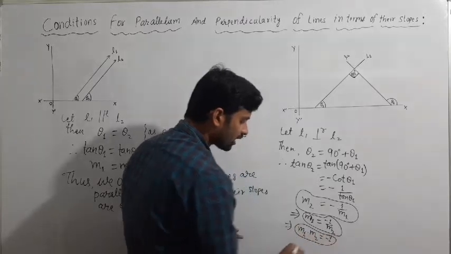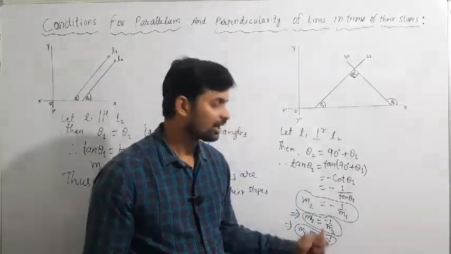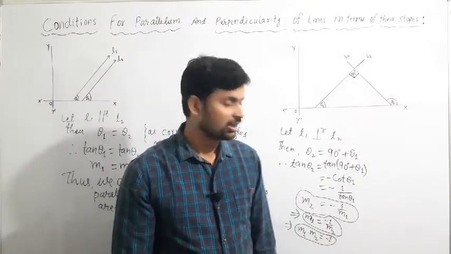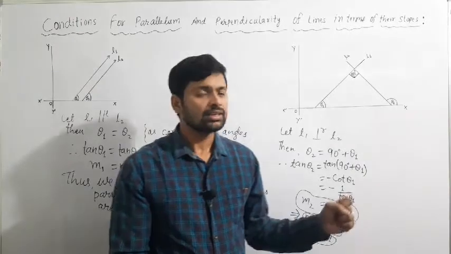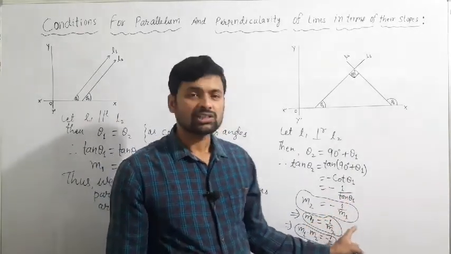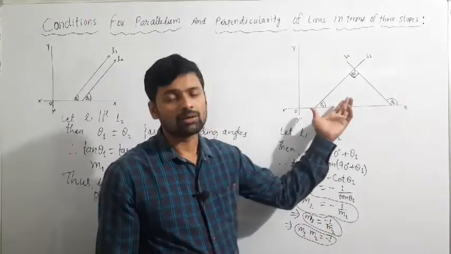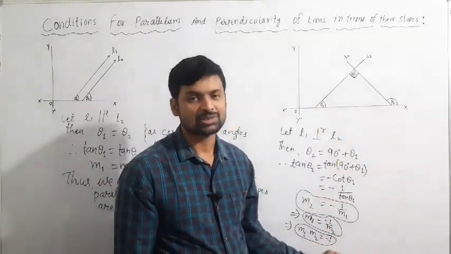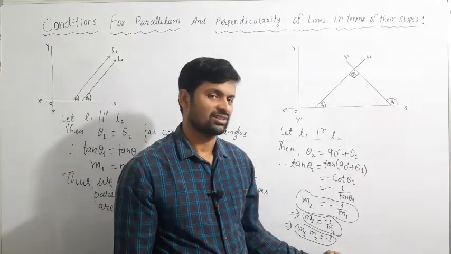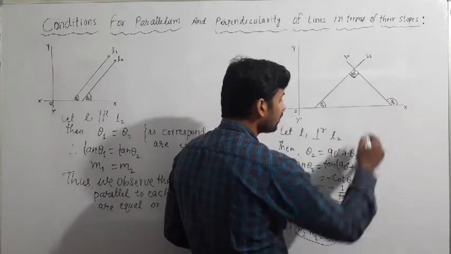So the product of their slopes must be minus 1. If two lines are perpendicular to each other, then their slopes are negative reciprocals of each other, or in other words, the product of their slopes must be minus 1.